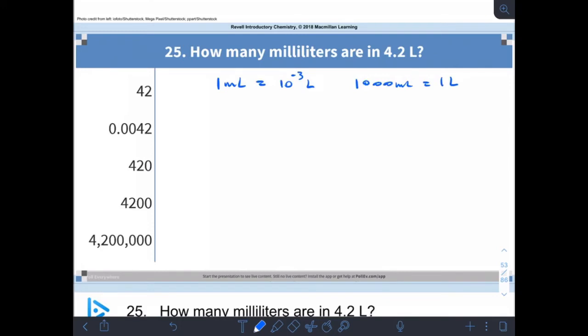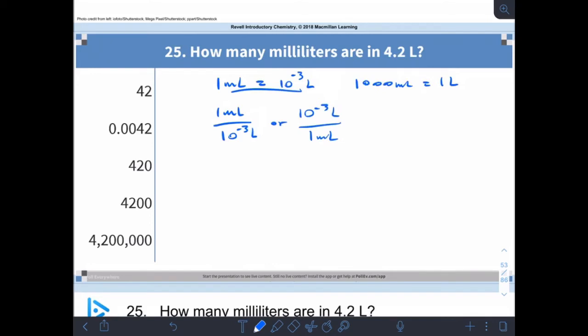But trying to keep consistent notation with the table that you've been given, we're going to go with this notation here, okay? So that everything's the same. Right, so I can write this, again, I'm going to reiterate this idea that I can say 1 milliliter over 10 to the minus 3 liters, or 10 to the minus 3 liters over 1 milliliter, however I need it to be for my problem.